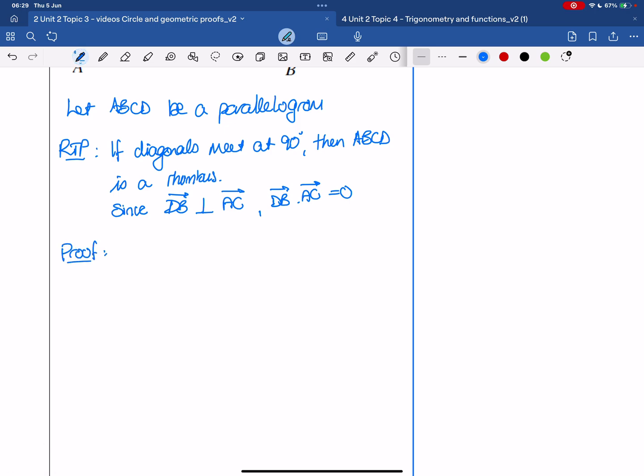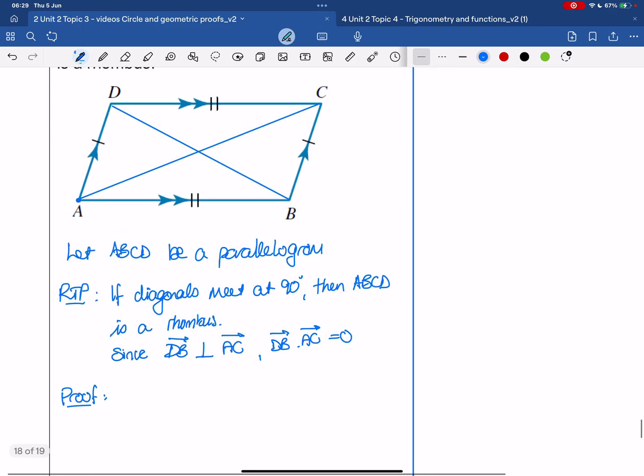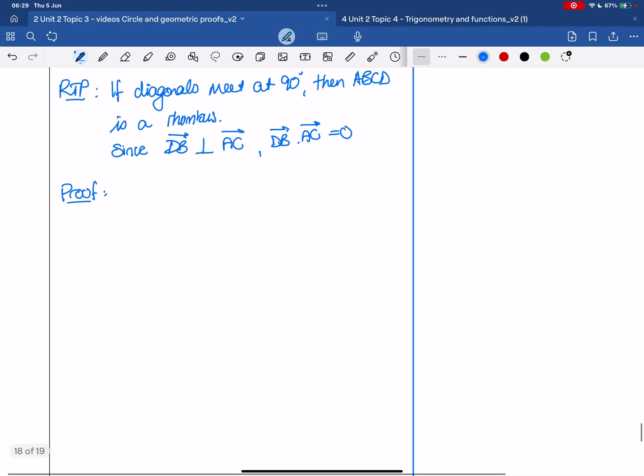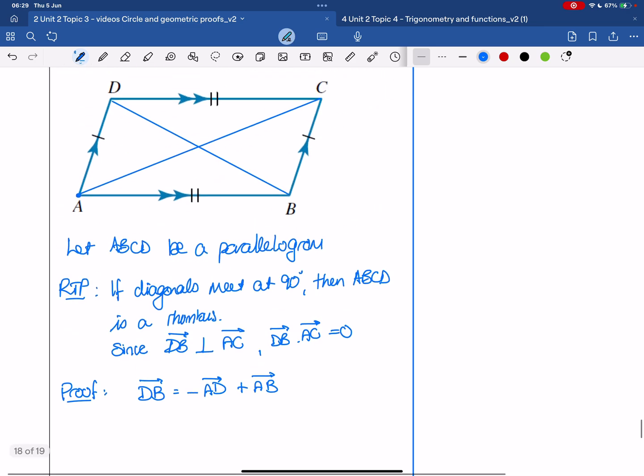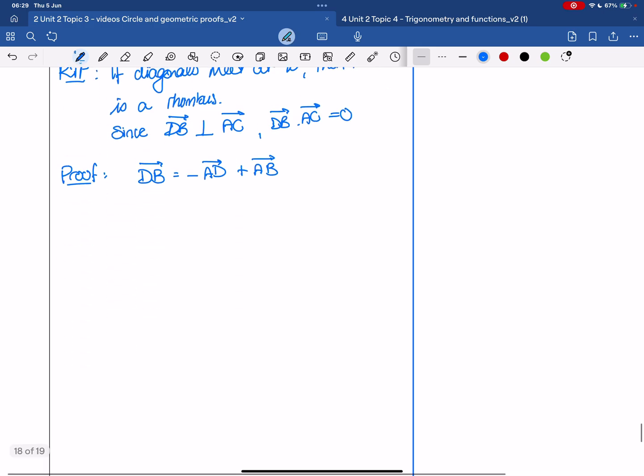Here's our proof. Let's have a look here. To get DB, I go minus AD plus AB. So DB is equal to minus AD plus AB. Okay. And to get AC, I'm going to say AB plus BC.